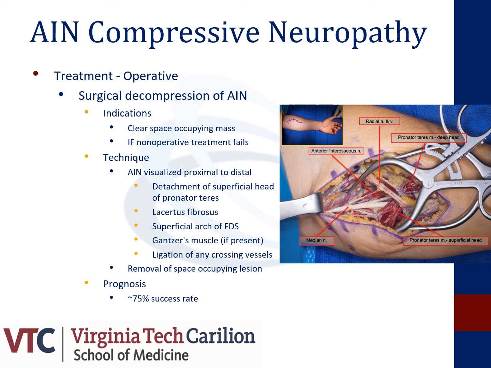Again, you need to ensure that all potential sites of compression are released, including detachment of the superficial head of the pronator teres, release of the lacertus fibrosus, decompression of the superficial arch of the FDS, mobilization of the Ganser muscle, and ligation of any crossing vessels. For patients that undergo surgical intervention, there is approximately a 75% success rate with surgical treatment.